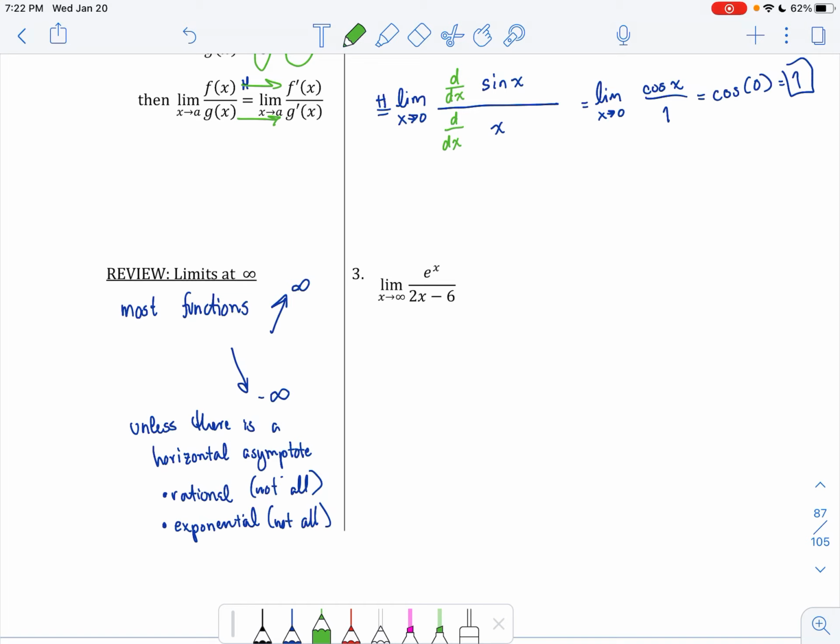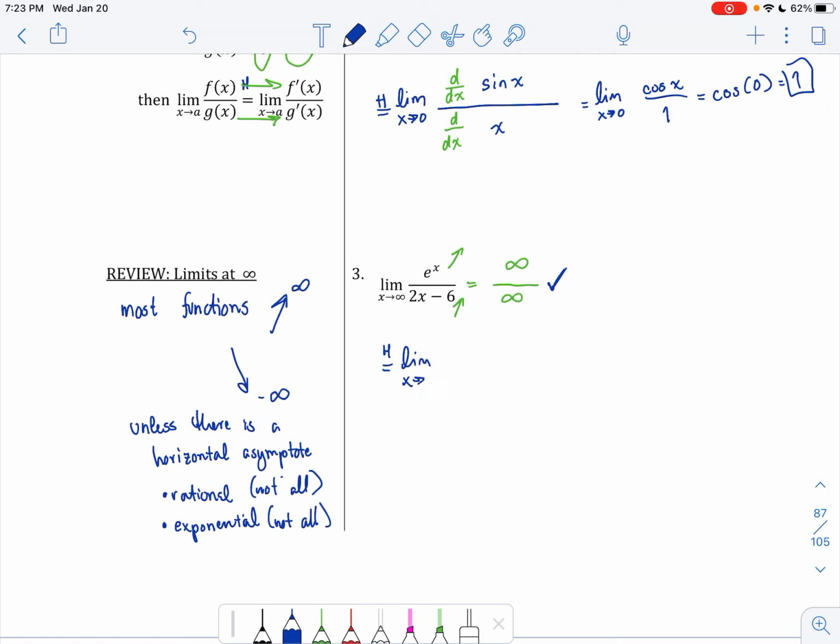So when I plug in infinity for x, it's not like we're necessarily plugging it in, but it says, oh, well, this function is going to go towards infinity because it's going up like this. 2x minus 6 is a line, so it would also go upwards at the end. So that's, again, infinity. So we can use L'Hopital's here.